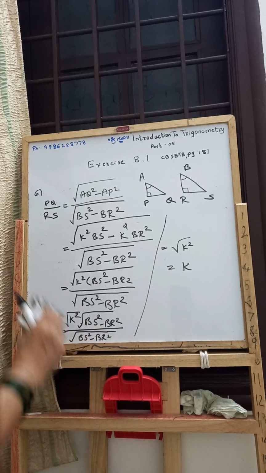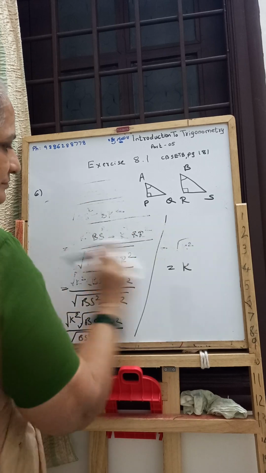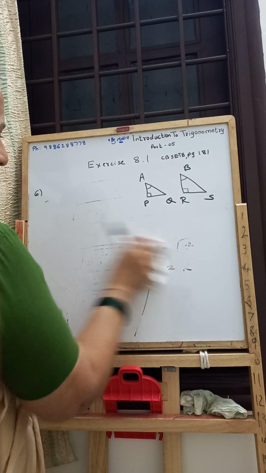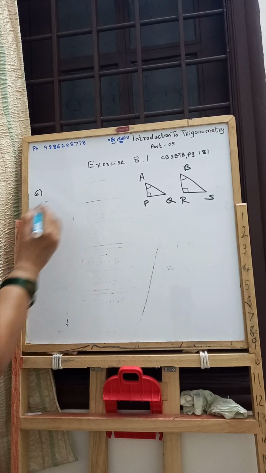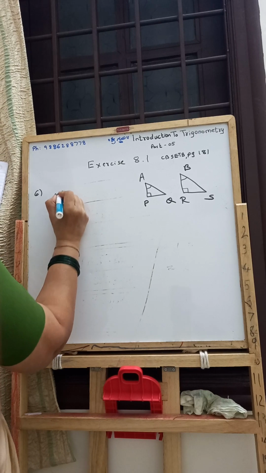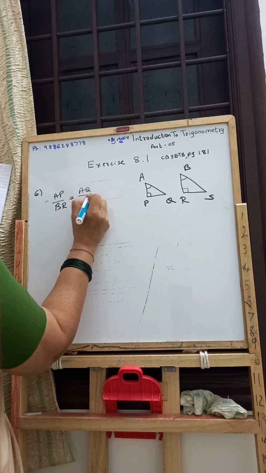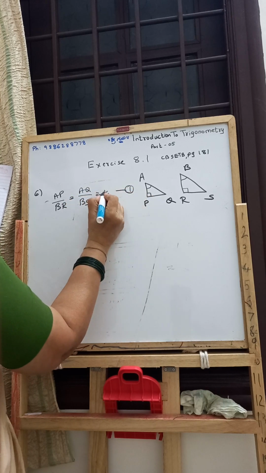Now we have AP upon BR is equal to AQ upon BS is equal to K. This is first equation.